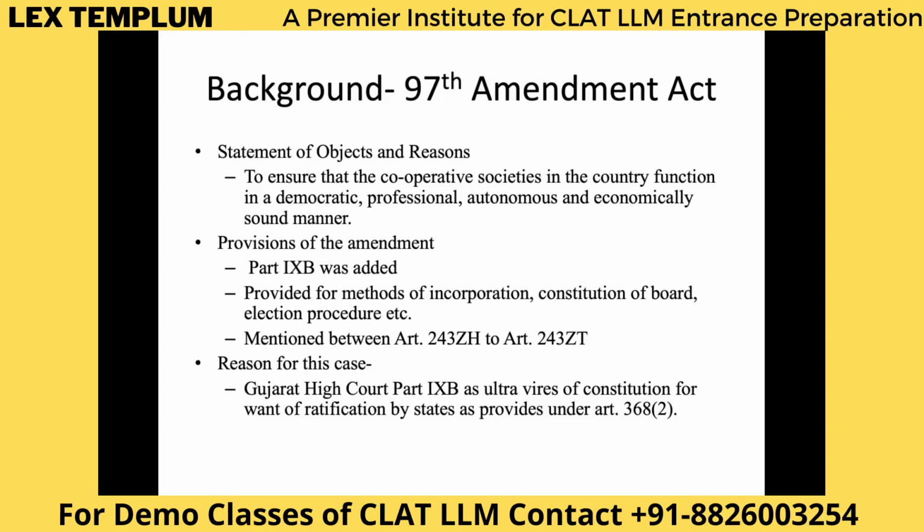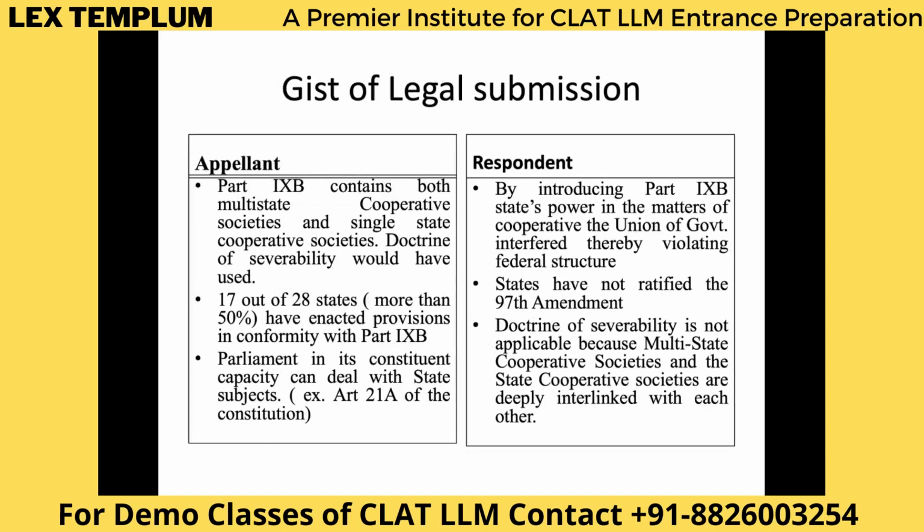Now, what is the history of this case? First, the Gujarat High Court said that Part 9B is ultra vires the Constitution for want of ratification by states as provided under Article 368 Clause 2. Okay. Then, after the Gujarat High Court declared Part 9B ultra vires the Constitution, the union appealed to the Supreme Court.